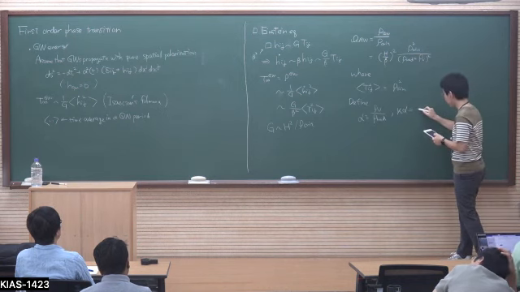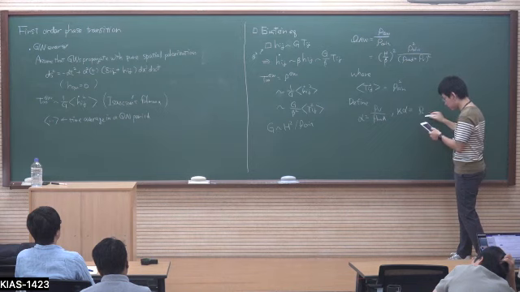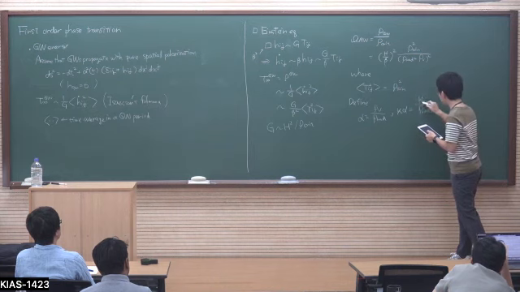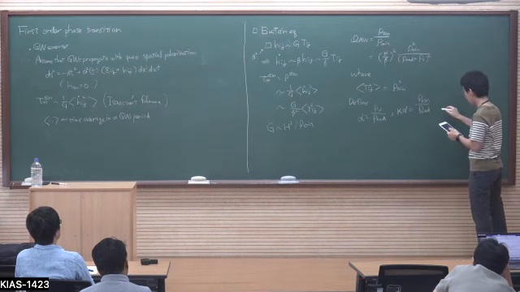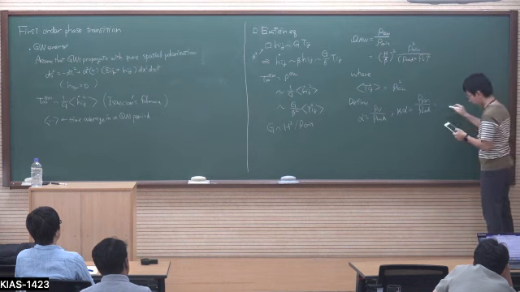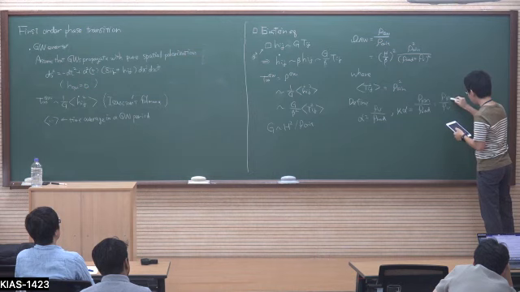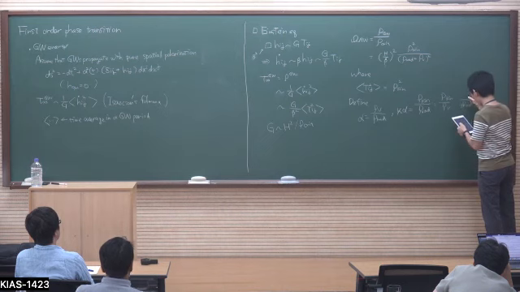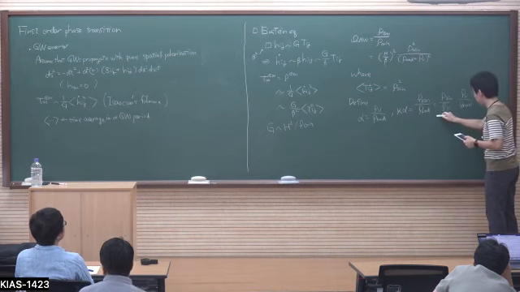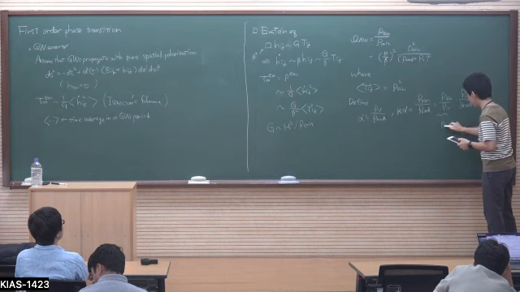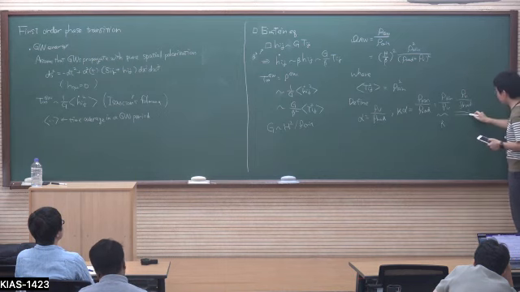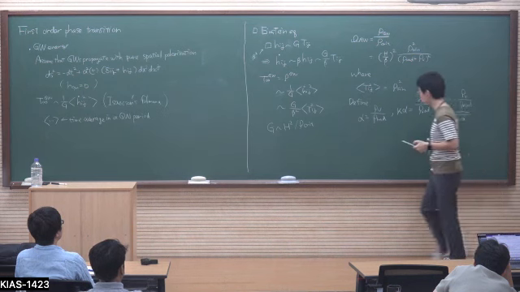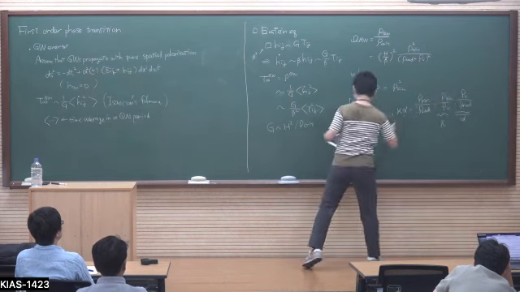The kappa alpha is related to this ratio, which can be expressed by this one. This part corresponds to kappa, and this part corresponds to alpha. Kappa is defined by this.